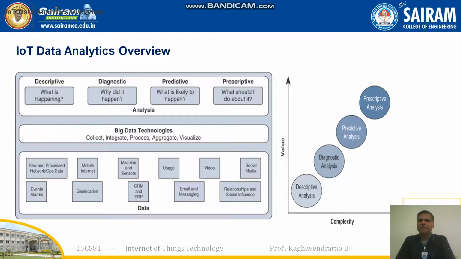Then machines and sensors are going to be there. CRM and ERP data is going to be there. Usage is there. Video data is there. Social media data is there. Email and messaging data is going to be there. Then we have the relationships and the social influences. There is so much data present here.